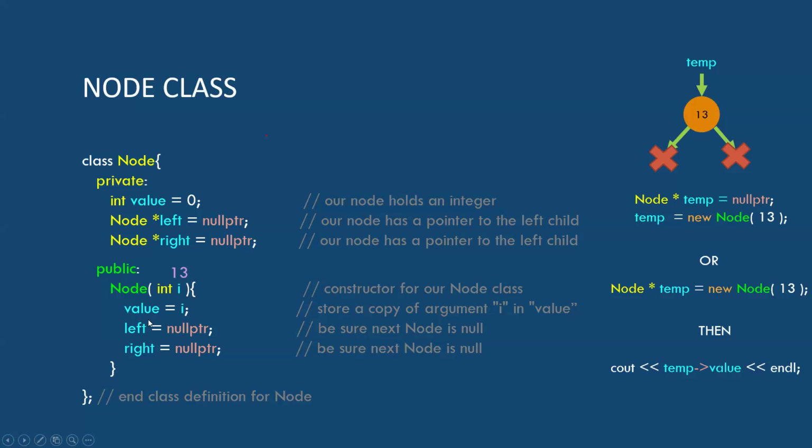A little reminder about how we do C++ where we have a pointer. Temp arrow goes into the node, and now we can print out the value. You could also print out left and right, and you'll see a hex address pop out on the screen. That's where that's going to take you if we try to follow that particular pointer.